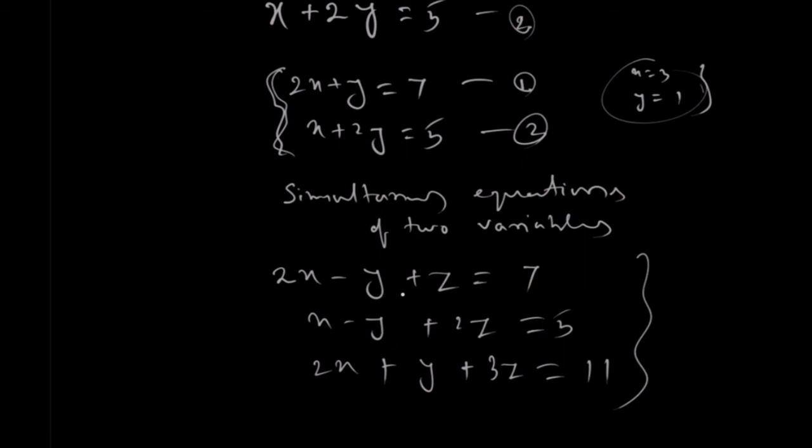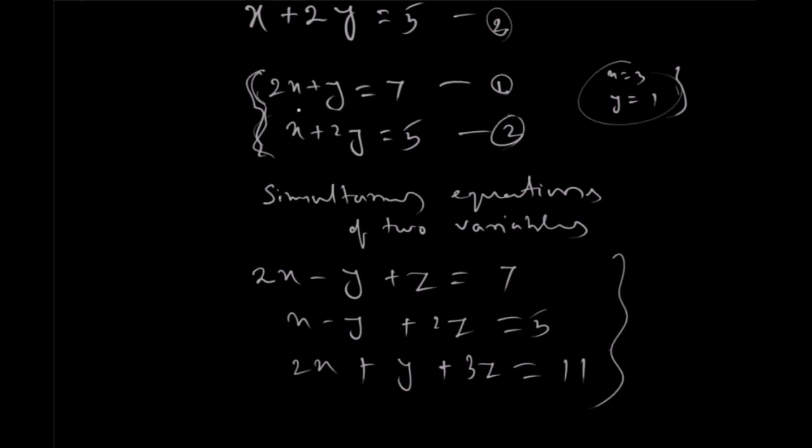Similarly, for 5 variables they are also possible. So when there are three variables x, y, z, we need a system of three equations to get a unique solution. Similarly, for 4 variables, 4 equations, and so on.